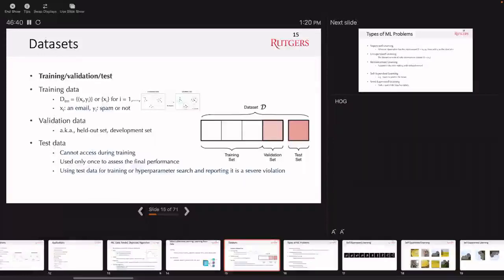Any more questions? Yes, if you have 10 possible options, then you need to go through all these options, and for each option you have some kind of validation accuracy.